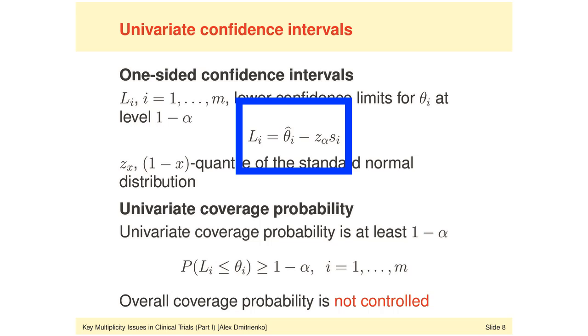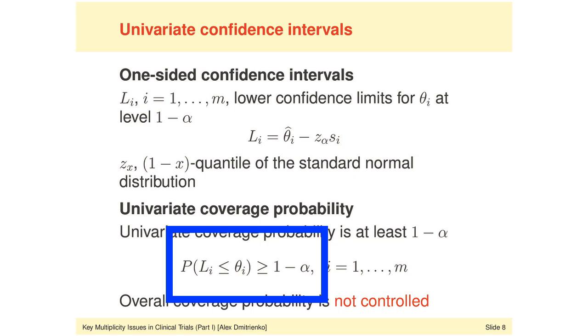And therefore, we're going to focus only on the lower confidence limits that are again denoted by L I, and we'll never explicitly specify the upper limit of those one-sided confidence intervals, because the upper limit is going to be equal to plus infinity. And the coverage probability of this univariate one-sided confidence interval is, we can see here, equal to 1 minus alpha. For example, if alpha is equal to 0.025, then the coverage probability is guaranteed not to be lower than 97.5%.